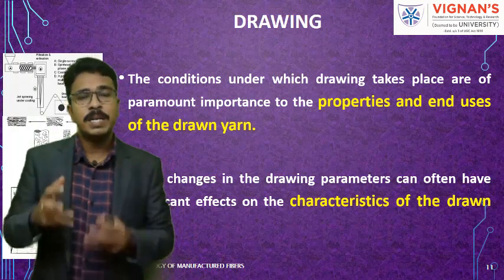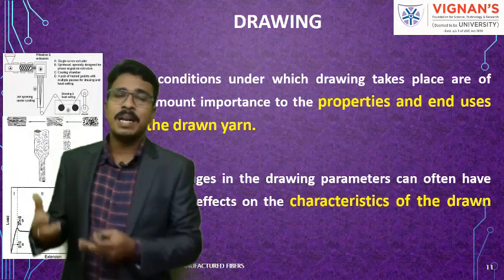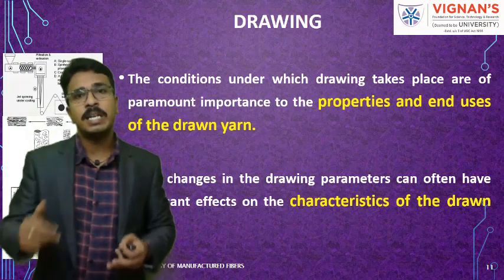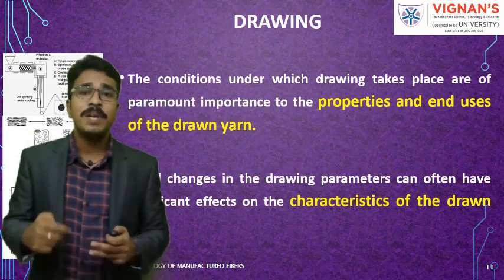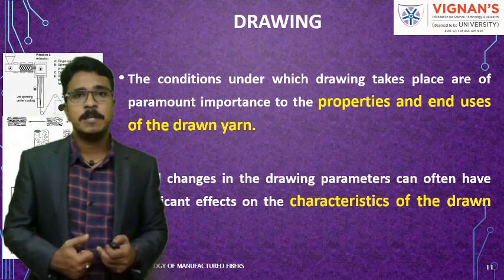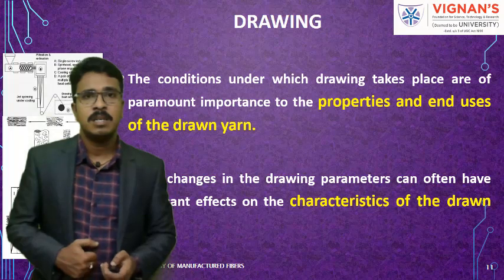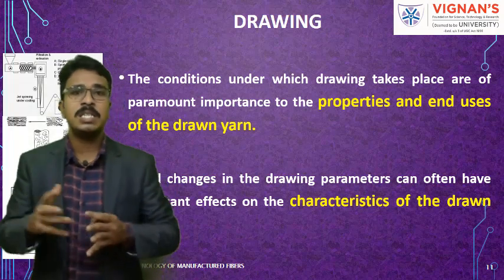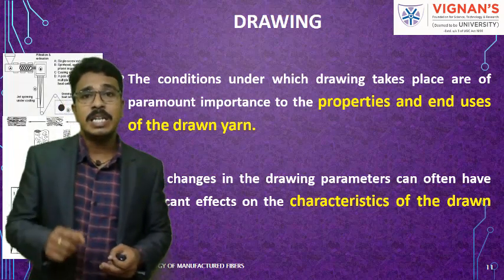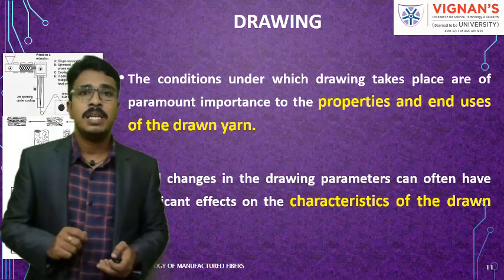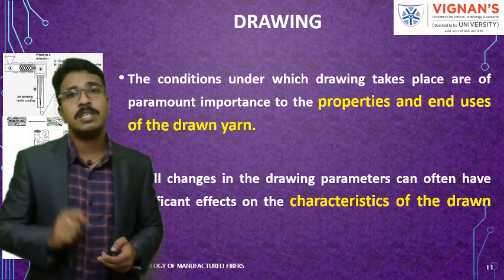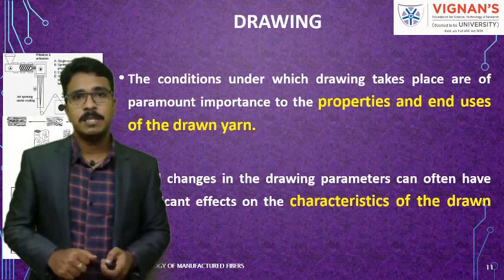So depending upon what qualities you are expecting in the final filament, we have to set our drawing parameters, or go at a required spinning speed. So when there is a small change in these drawing parameters, it results in changes in the characteristics of the final drawn filaments.